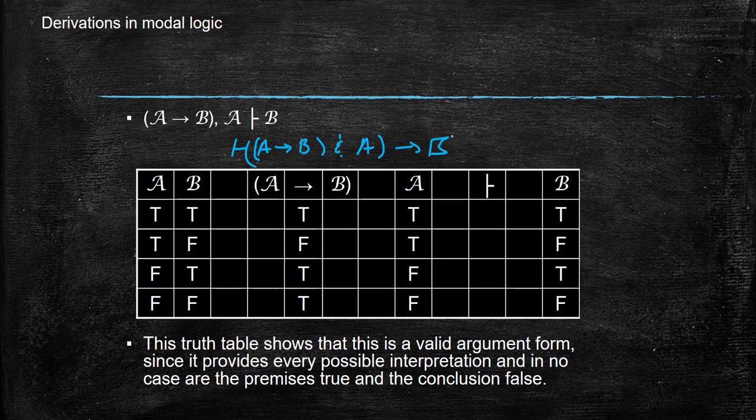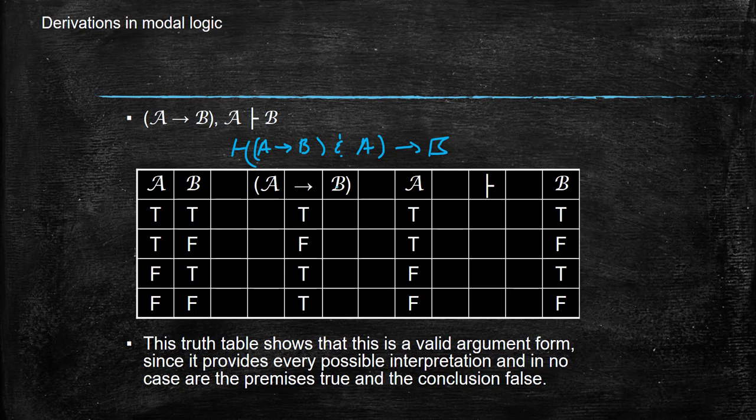So either way, the truth table shows that this is a valid argument form or a necessary truth, depending on how you want to think about it.